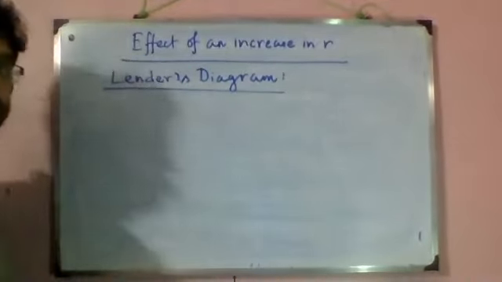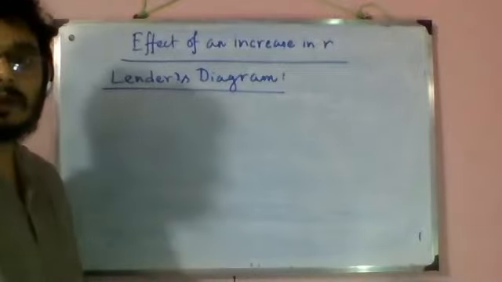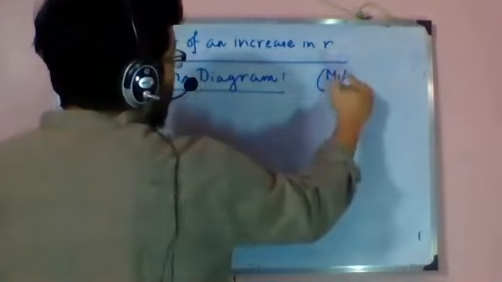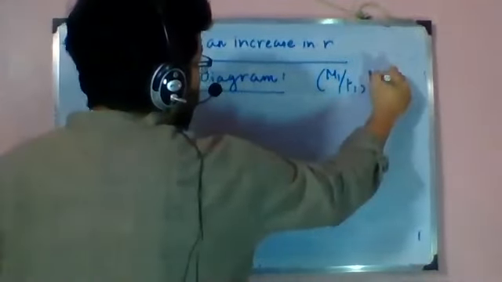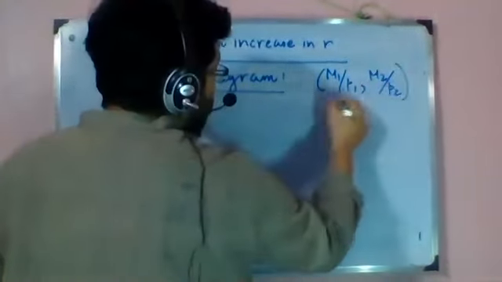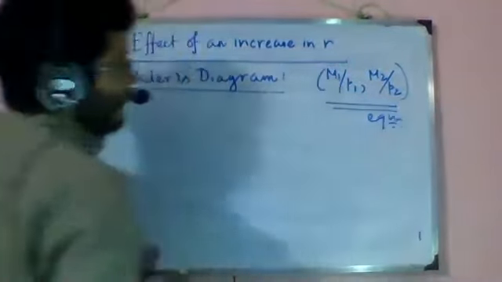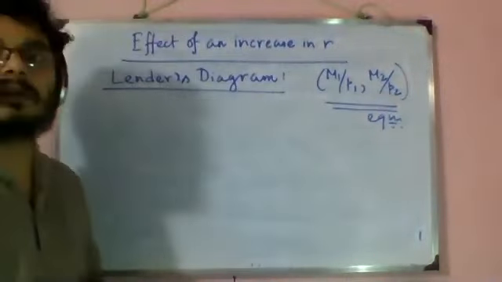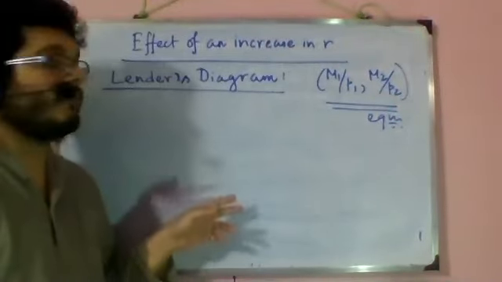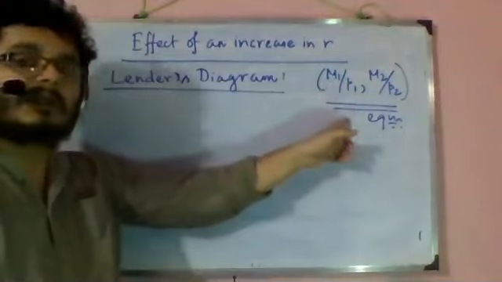Now, before going into all of that, let's just say it again that M1 by P1 and M2 by P2, this is an equilibrium. It is always available. And because of this, in the diagram, our first task is to mention this.